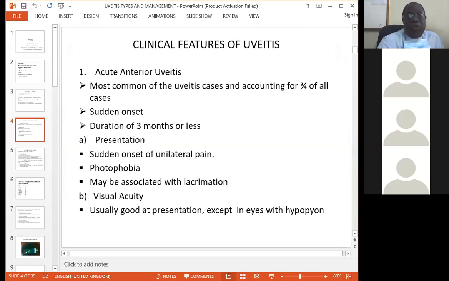The visual acuity is usually good at presentation, except in eyes with hypopyon. Those that have inflammatory cells settling in the inferior part of the anterior chamber, that's what we refer to as hypopyon.